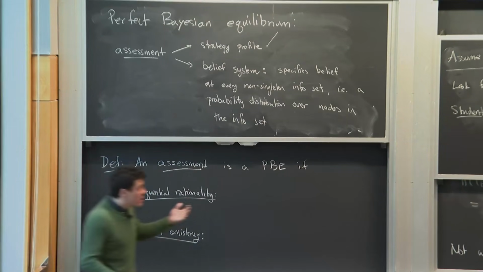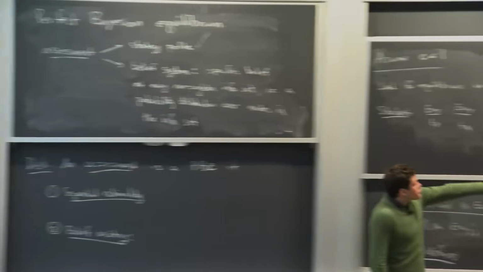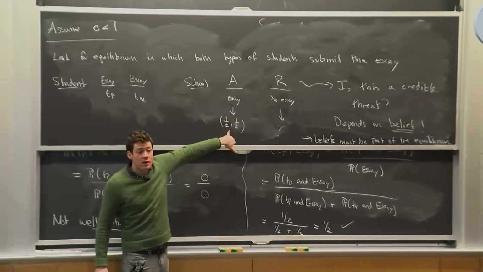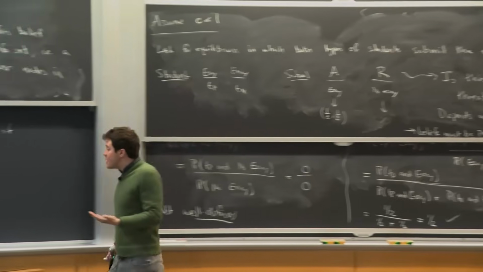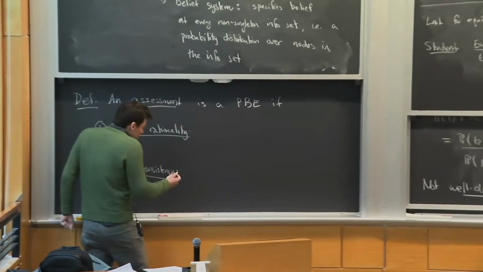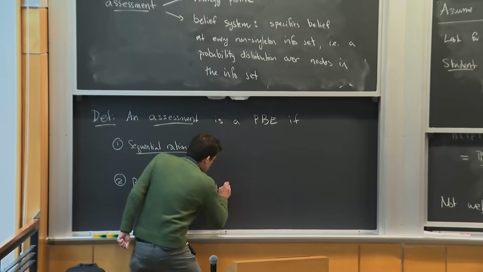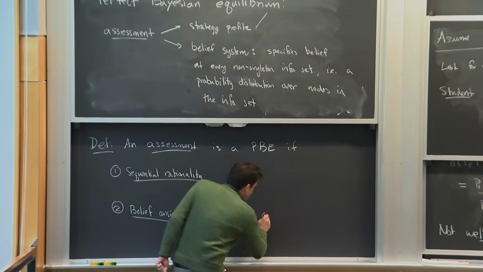This is what we're getting at here. We want to say that the school's belief here must be half-half, but the school's belief here is totally flexible. So what belief consistency says is, well, the beliefs are consistent with Bayes' rule.